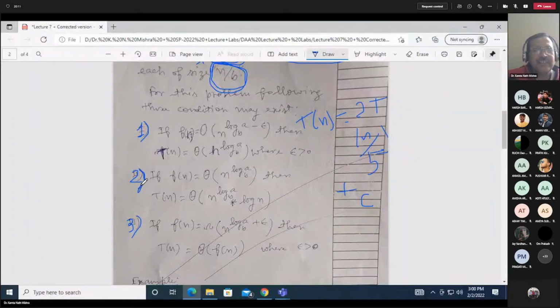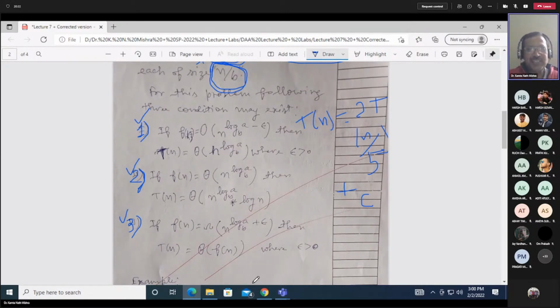0, sir. So in the first condition, epsilon is subtracted. It is minus epsilon. In second condition, epsilon is 0. And in third condition, what are you doing with epsilon? Addition.